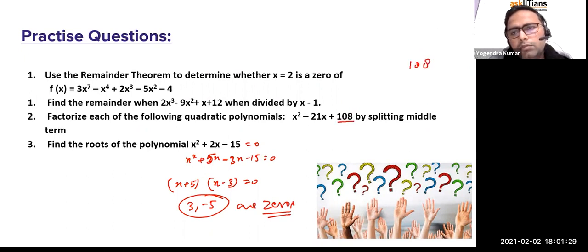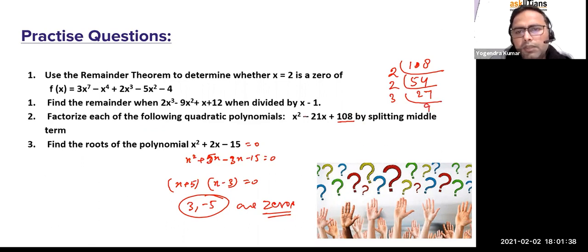Here also 108. It is a big number. Let's see here. 2 fives are 4, then 2 twenty-sevens, then 3 nines are like that. We want to split 21 so that the product is positive and the sum should be 21. So what two numbers have sum 21? 4 threes are 12, 12 plus 9, so x square minus 12x minus 9x.